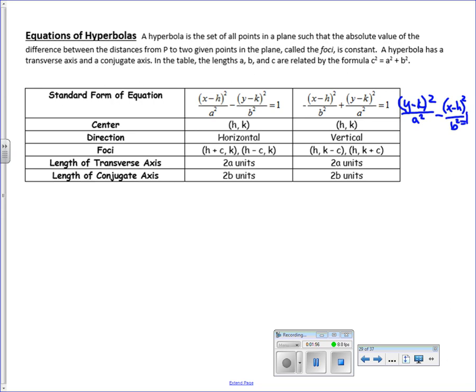The one thing I like about a hyperbola is that the a squared and the b squared don't move compared to the ellipse. I don't like doing it the other way because I find it more confusing. If you look at my answer key, you're going to see me doing it this way and not that way. It's not one of my favorites.